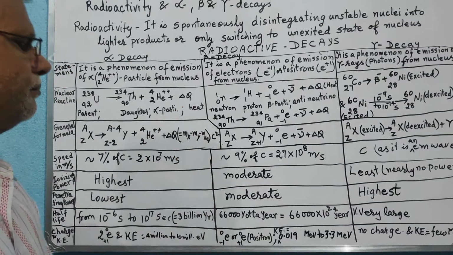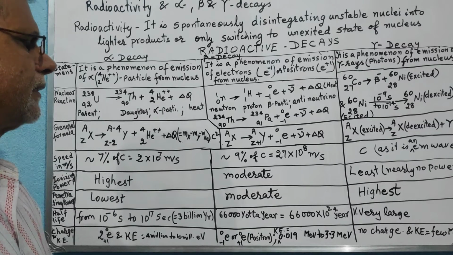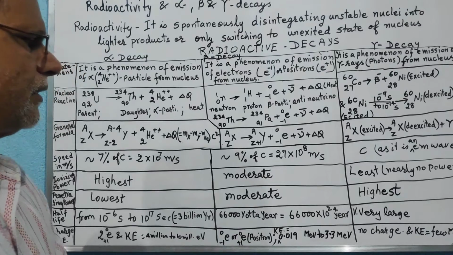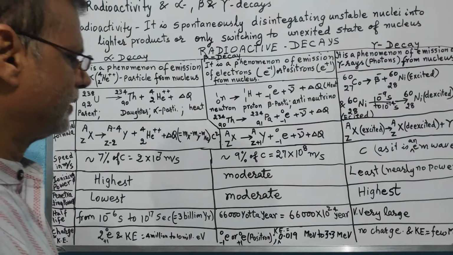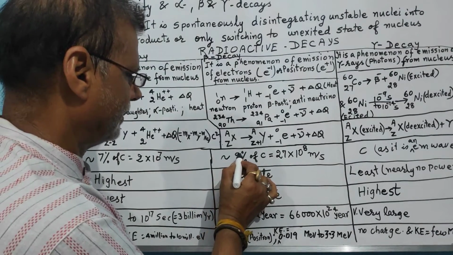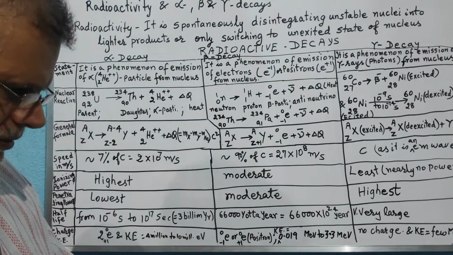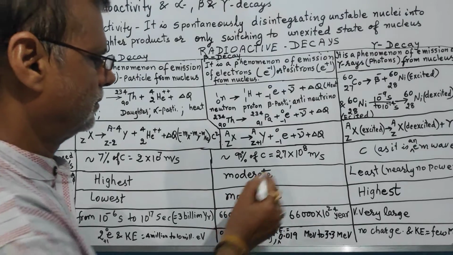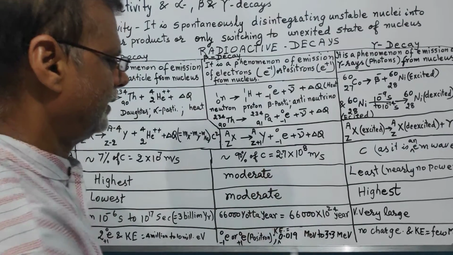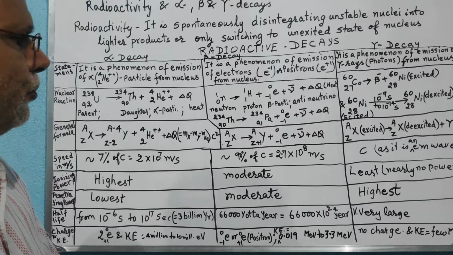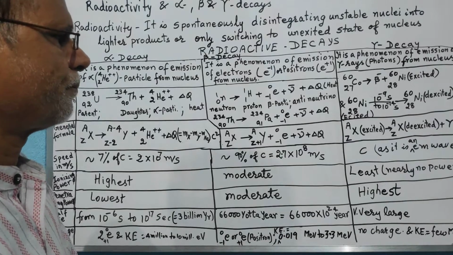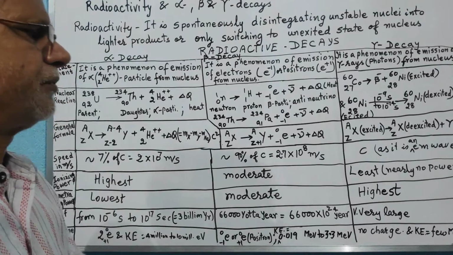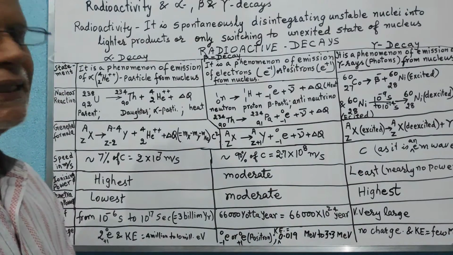In case of beta decay, the beta particles emitted are nearly 90% of the speed of light, which comes out to be 2.7 into 10 to the power 8 meters per second. Gamma ray is nothing but an electromagnetic wave, so its speed is equal to the speed of light in vacuum.